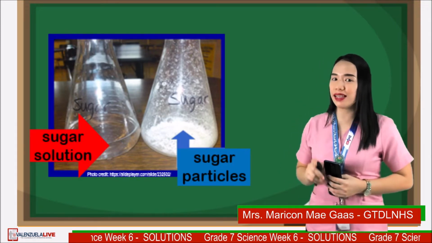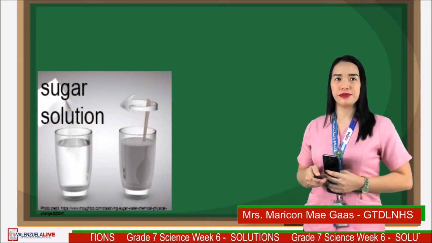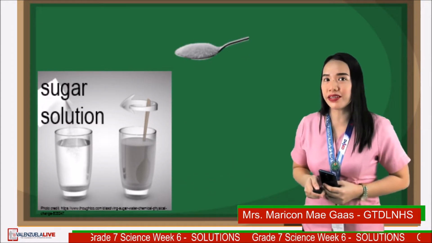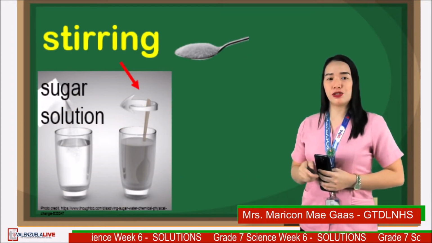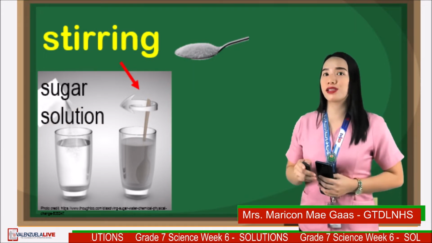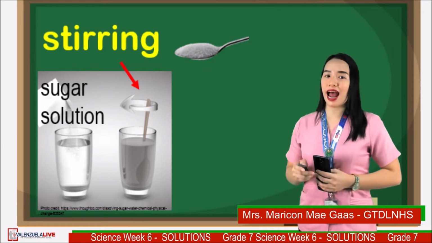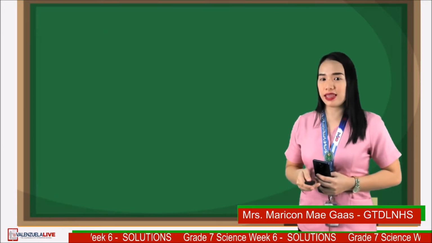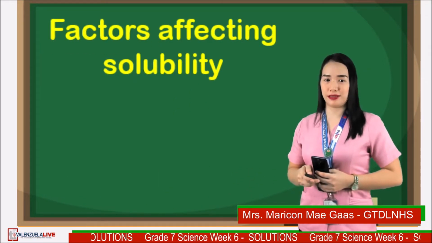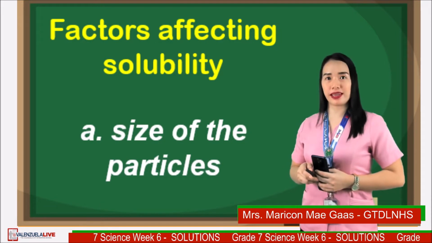Maybe I could add some more sugar into the sugar solution and stir it. Do you know that stirring helps the solute dissolve even faster? There are other factors affecting the solubility. We have the size of the particles.